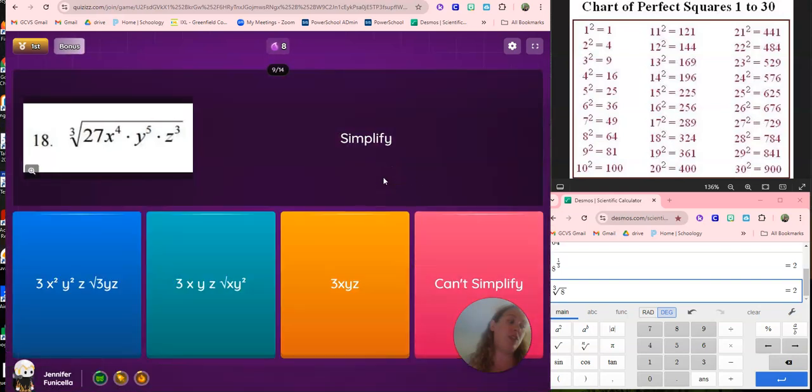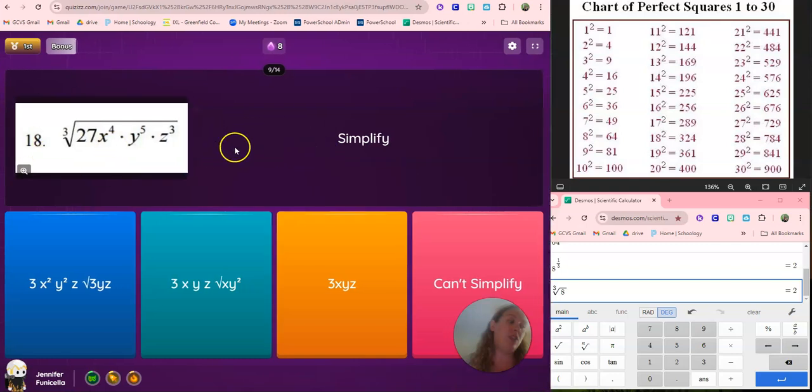Alrighty, this next one we have a cube root. So we got a lot going on here. So this is the cube root of 27, x to the 4th, y to the 5th, z cubed. Okay? So we want to break this down. Think about it in parts. So first, we have the cube root of 27.